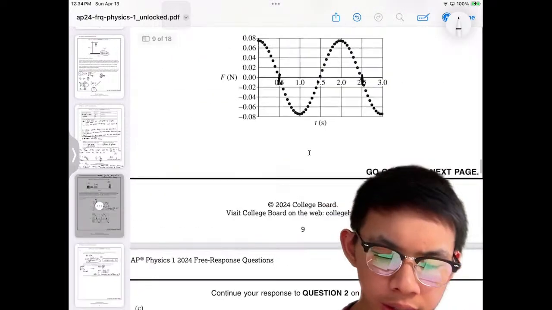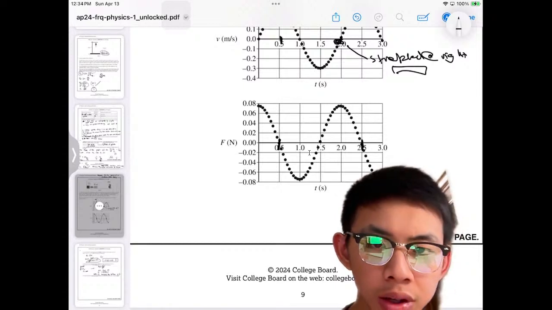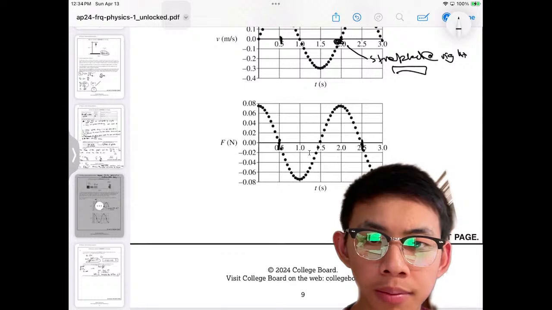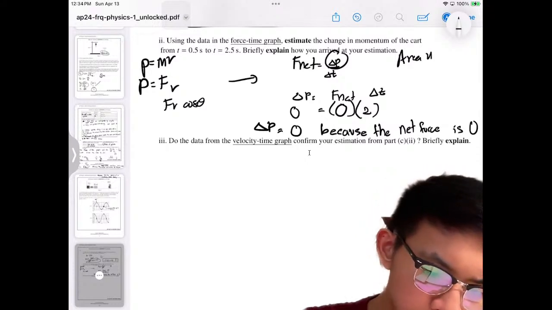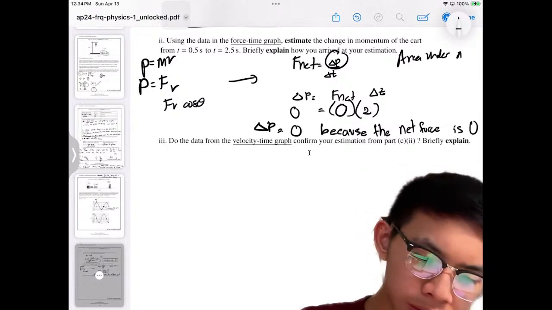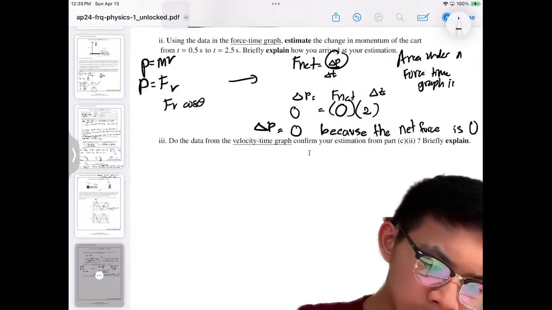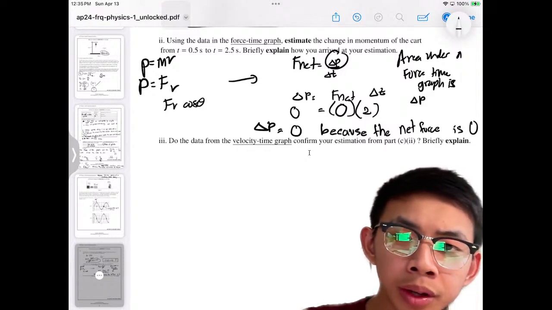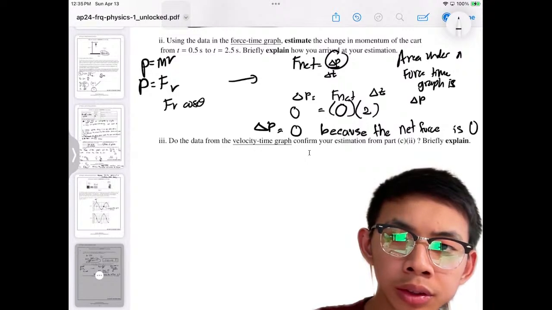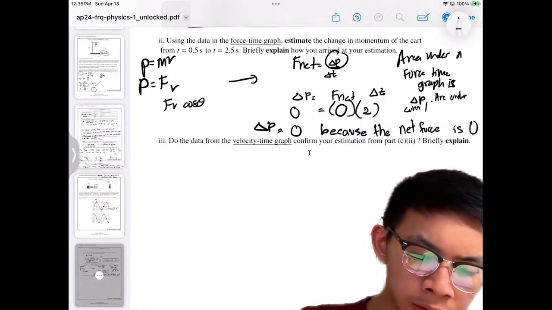I think it just says that the area under a force time graph is delta P. The area under the curve from 0.5 to 2.5 is 0.